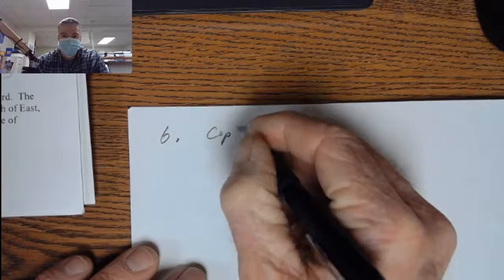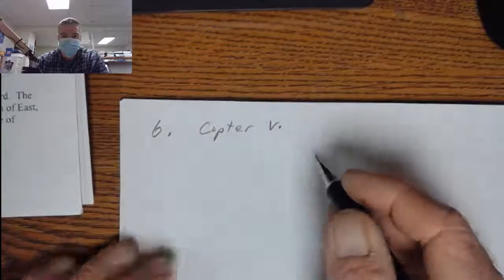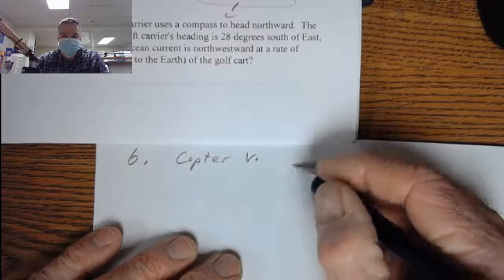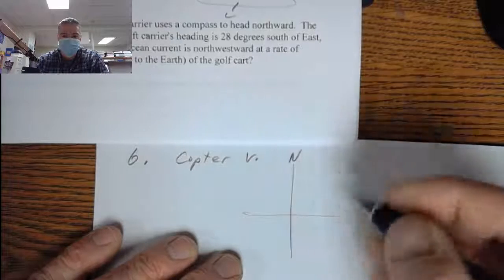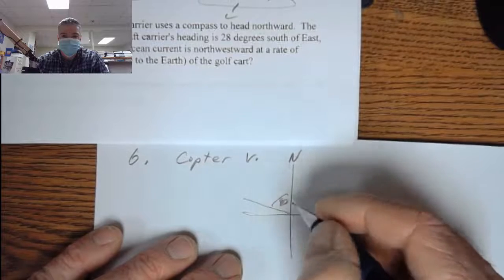So this is 6. I'm going to call it copter velocity, and it's 20 meters per second, 80 degrees west of north. So this is north, 80 degrees west of north is about like that.